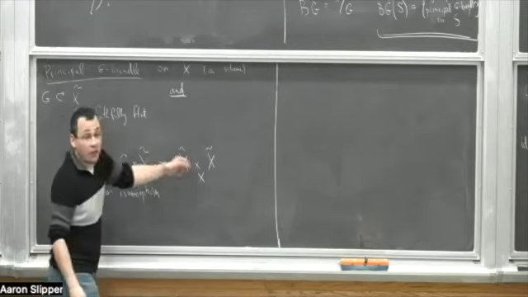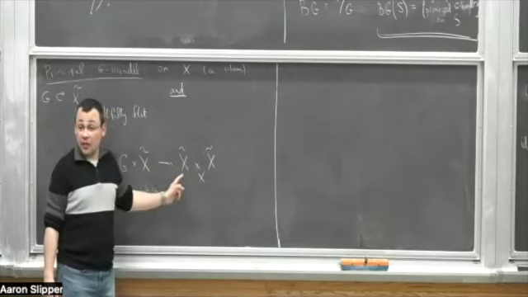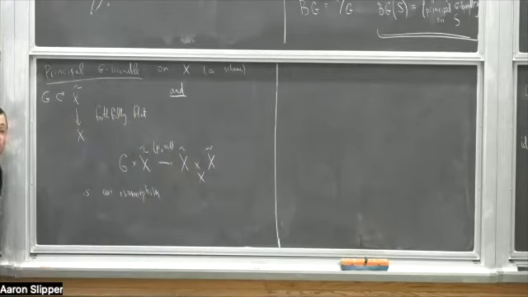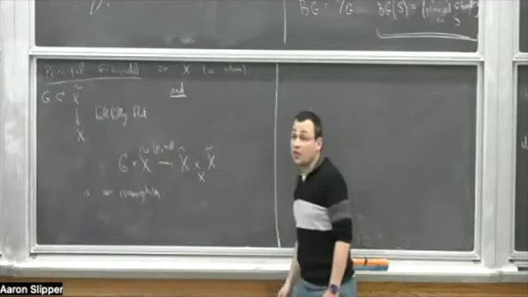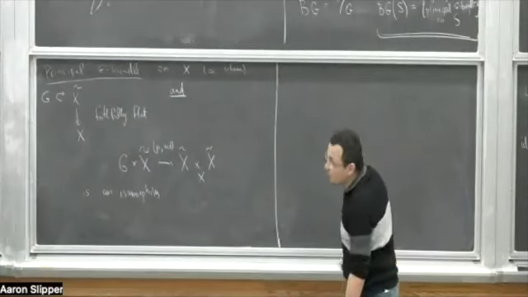This is just the action there: projection in one component, action in the other. So that's it. This is an equivalent way of saying what a principal G-bundle is. This is the one that involves descent the least.